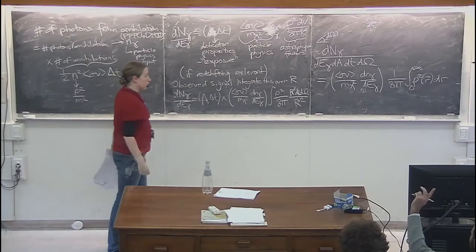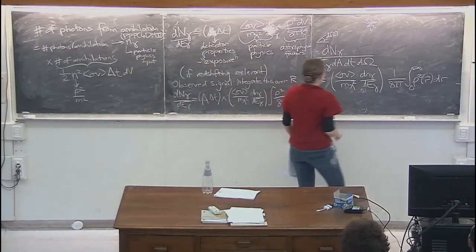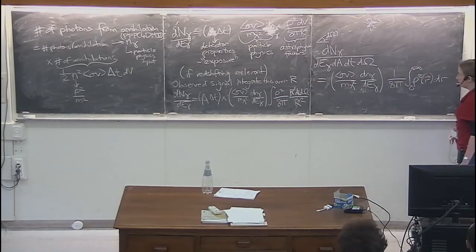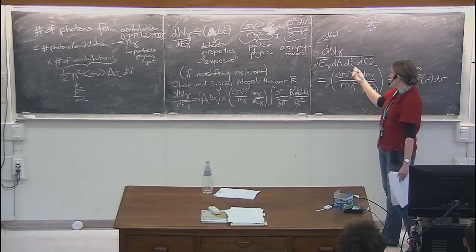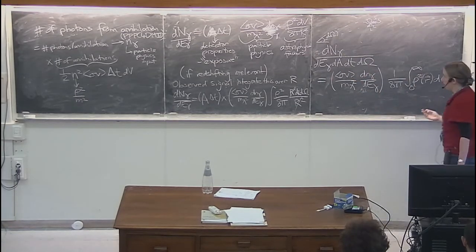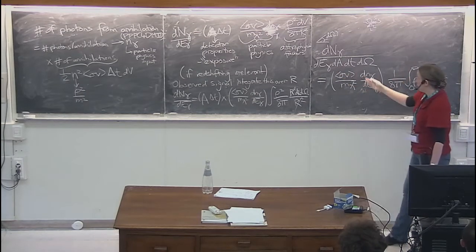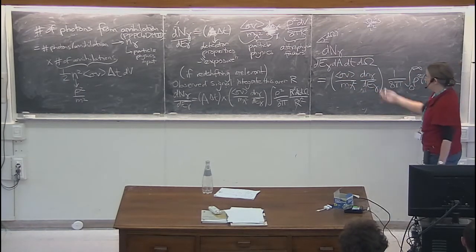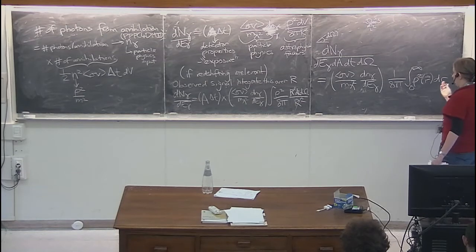To get an actual rate, I just need to take this differential rate and multiply it by the area of the detector, the time that I've looked at it for, and the solid angle on the sky that I observed.